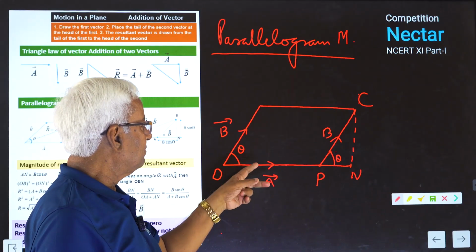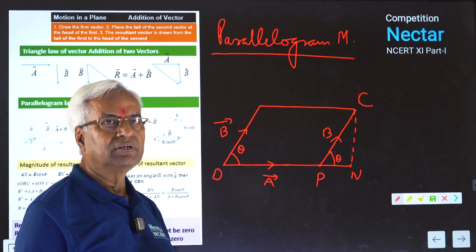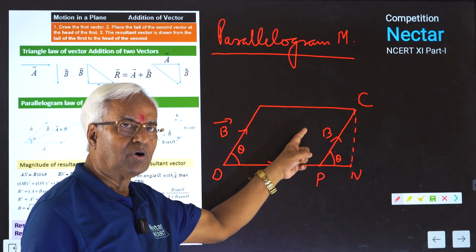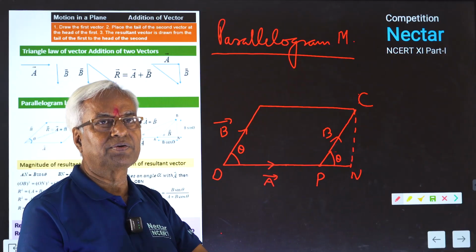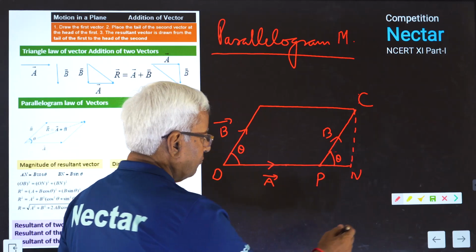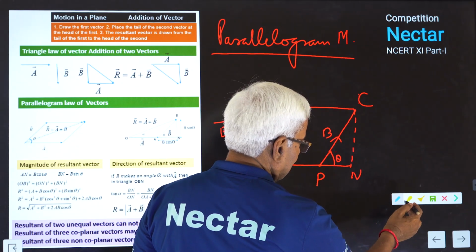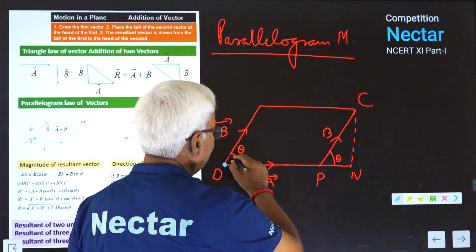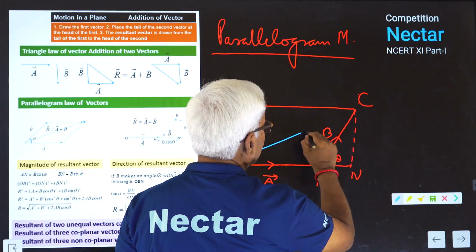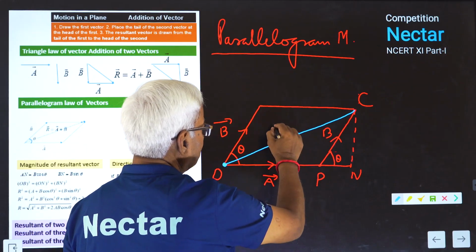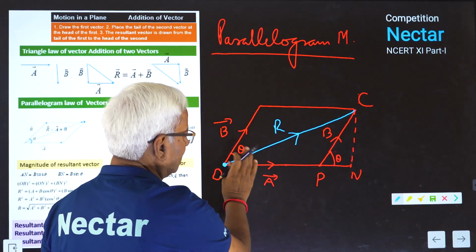A and B we have drawn from the same point. Parallel to these two vectors, we draw the other sides of a parallelogram and it is completed. The vector that goes from the common point as a diagonal gives the resultant. This is the resultant of A and B.